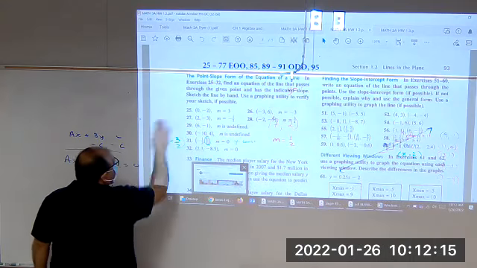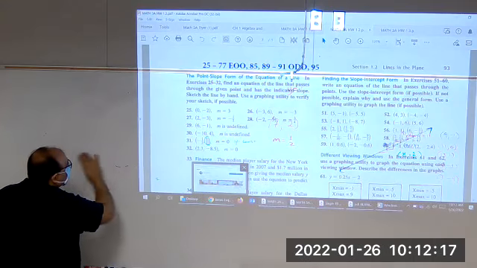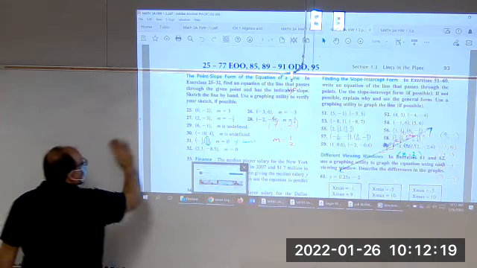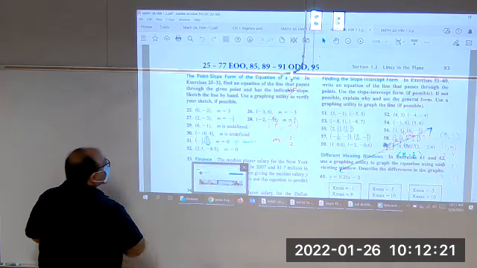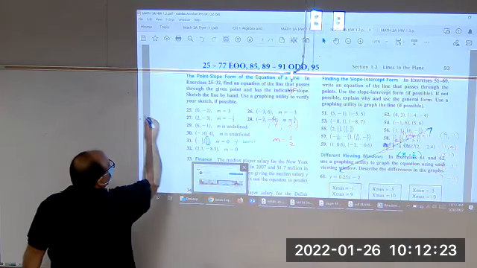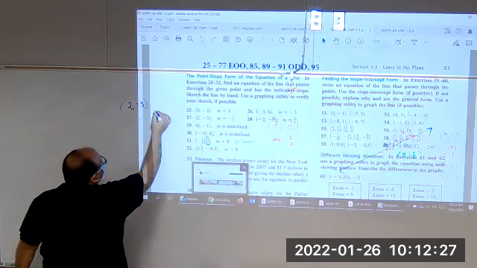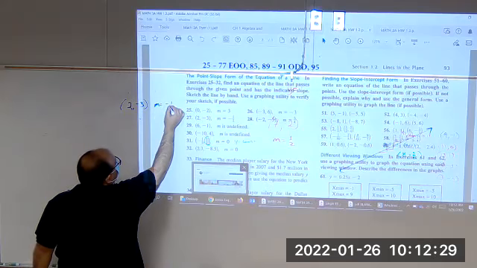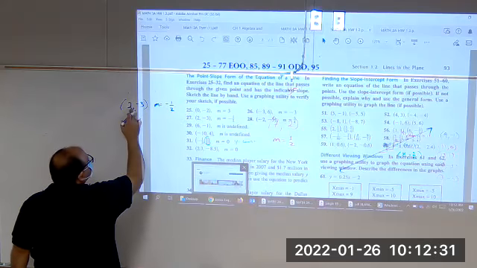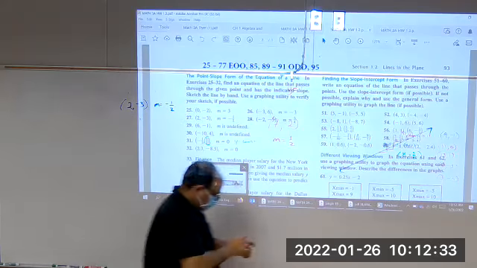So this is how I actually explain how to write the equation of a line. Here you're given a point, 2, -3, and the slope is equal to -1/2.